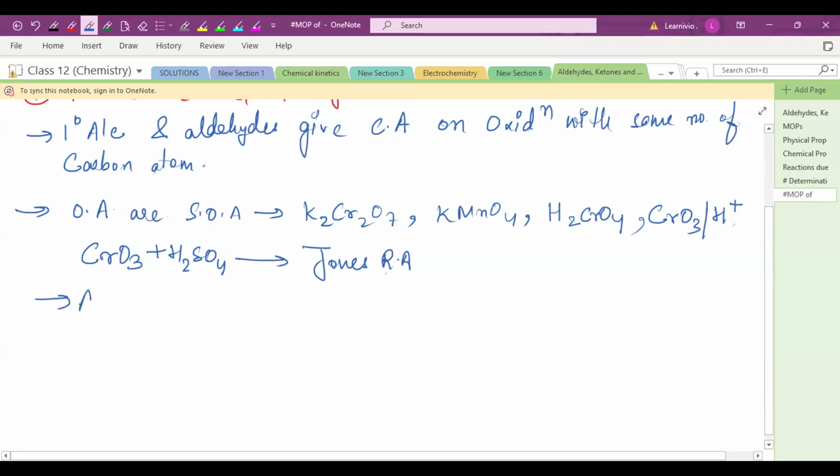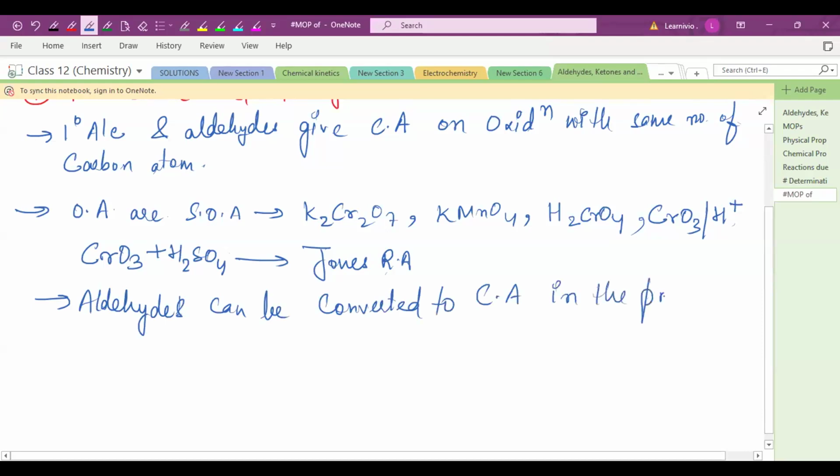So aldehydes can be converted to carboxylic acid in the presence of milder oxidizing agent such as Ag plus, okay, and Cu2 plus.